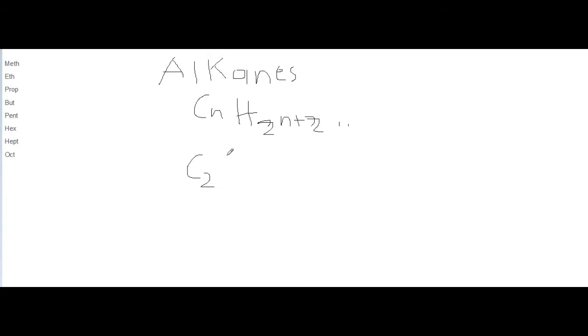If it's called ethane, that means you would have 2 carbons. And then, to get the number of hydrogens, you would multiply 2 times 2 and add 2 to that, so we get 6. And that molecule would look something like this.